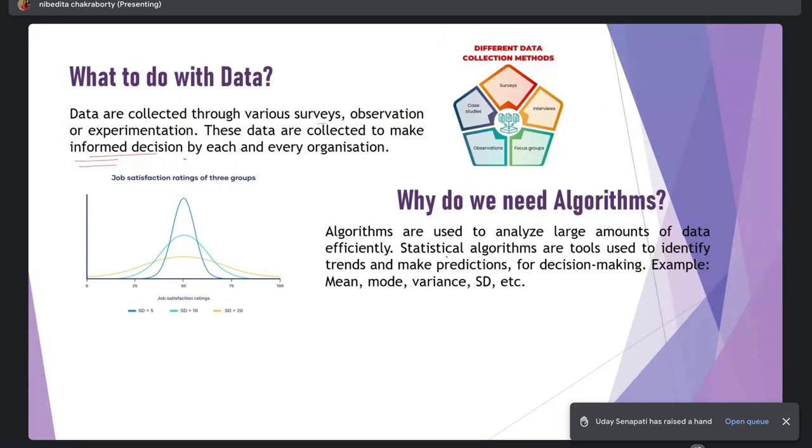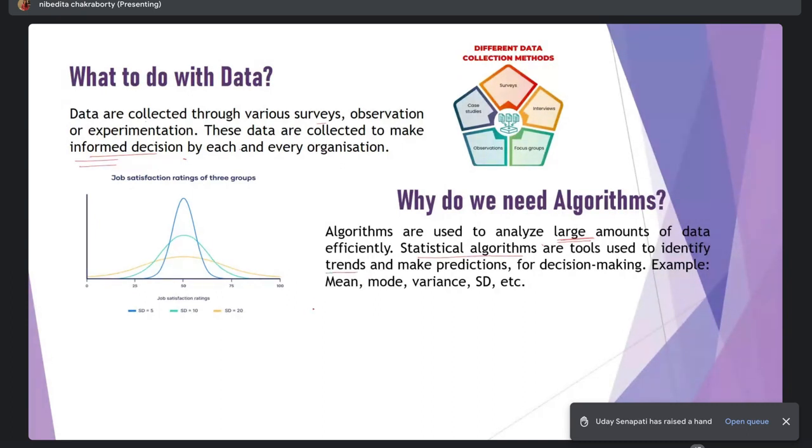The algorithms are statistical and probability-based algorithms, which work on a large amount of data. So keep in mind the word large. The large amount of data is used for these algorithms to make different kinds of predictions and identify the trend in the data.